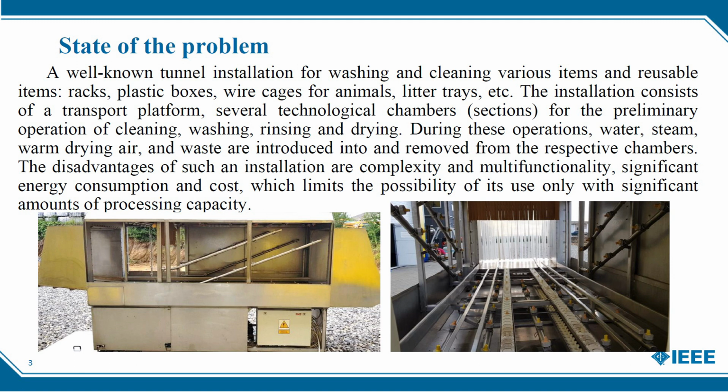During this operation, water, steam, warm drying air and waste are introduced into and removed from the respective chambers. The disadvantage of such an installation is its complexity, significant energy consumption and cost, which limits its use to significant amounts of processing capacity.